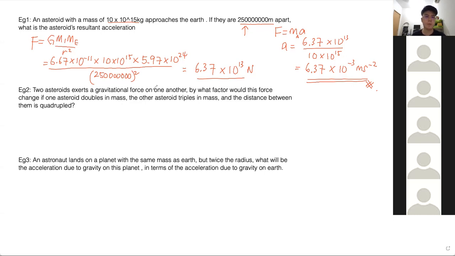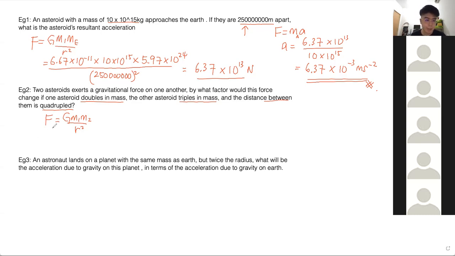By what factor would this force change if one asteroid doubles in mass, the other one triples in mass, and the distance is quadrupled? OK，意思说是还是讲 force equals to GMM over R square。如果一个 mass double，然后另外一个又 triple，然后那个 distance quadruple，then 那个 force 会是什么？会变多少？Okay, what is the factor of the change?